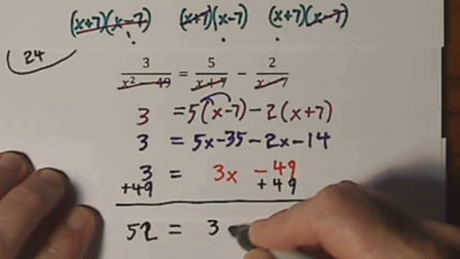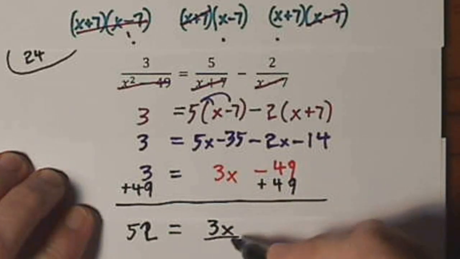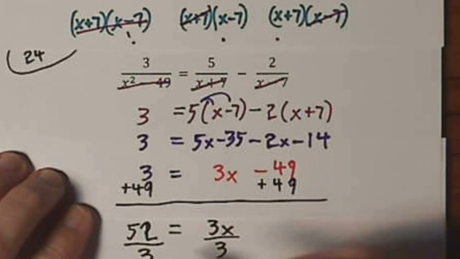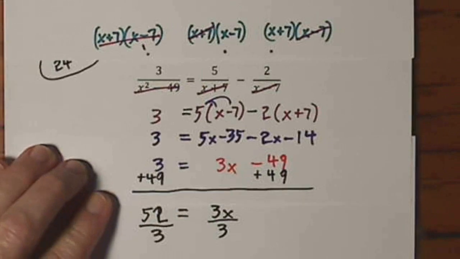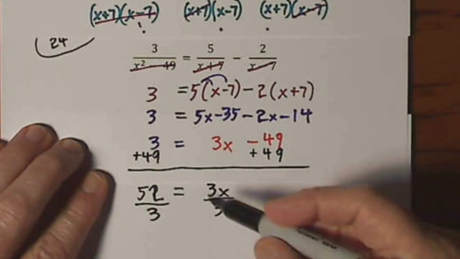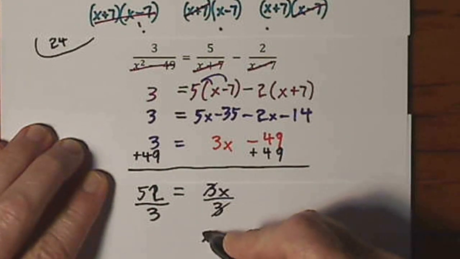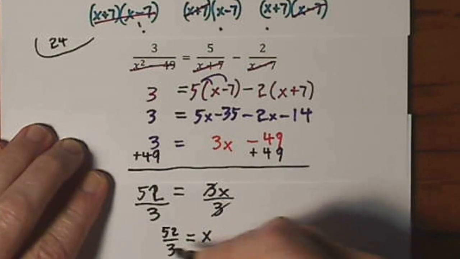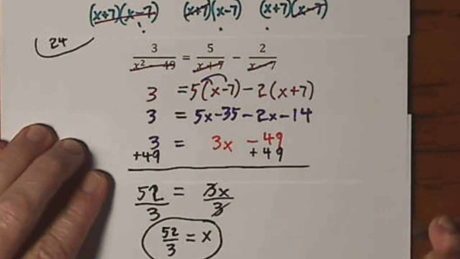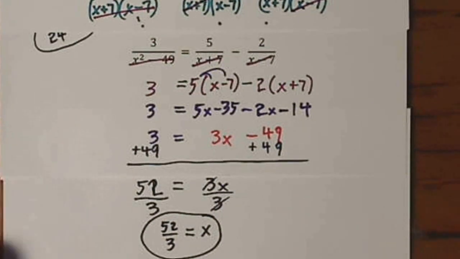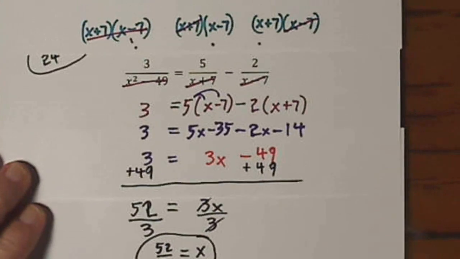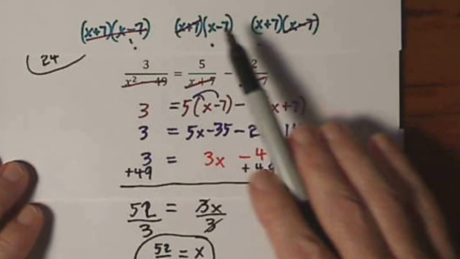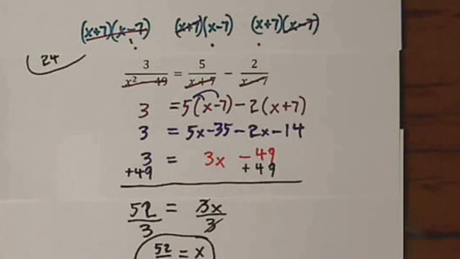And here we just have 3x. Divide by 3. Divide by 3. That cleans up quickly, and you have x equals 52 thirds. Okay, that one got a little long, but the essential point is that you can solve these clearing of fractions the same way, even though each of these problems looked quite a bit different.